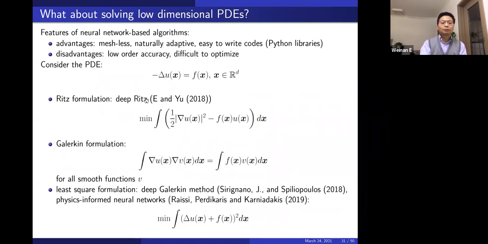So there is the Deep Ritz algorithm developed by my student and myself, which is the direct extension of this. We just replace this by some neural network models. And actually, we did it because we wanted to develop some sort of a Galerkin formulation. We still don't know how to do that. Unfortunately, the terminology deep Galerkin method is being used for this formulation, which should be the least square formulation.